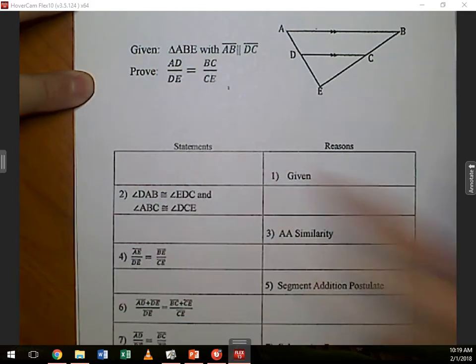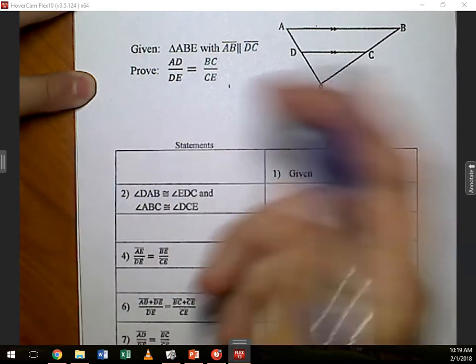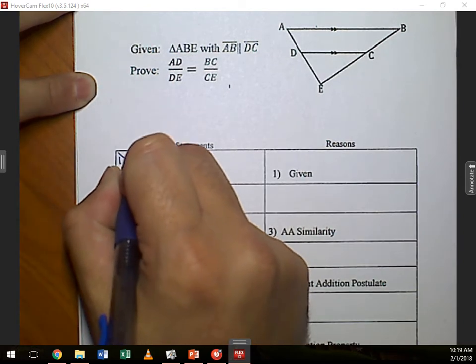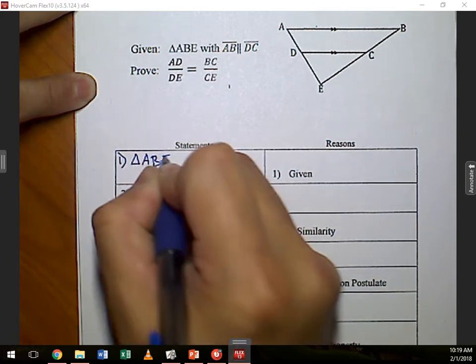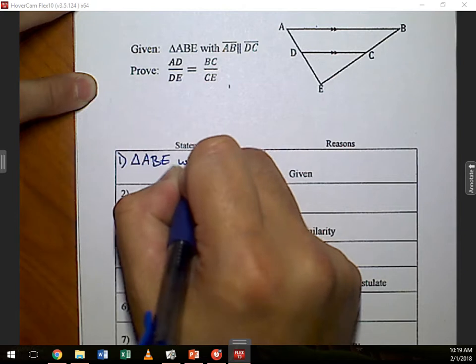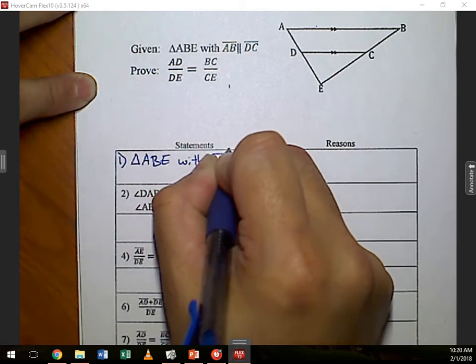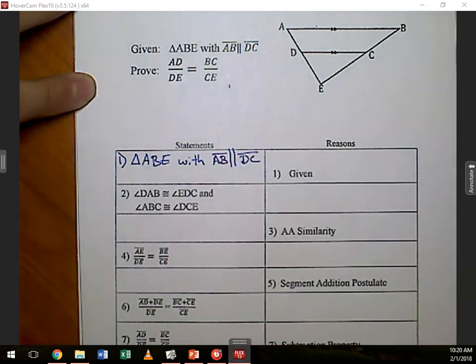So my statement 1 is going to be what was given to me here. So my statement 1 would be triangle ABE with AB parallel to DC.